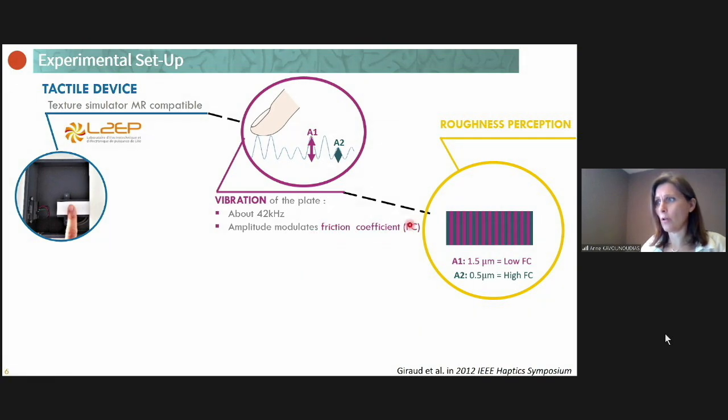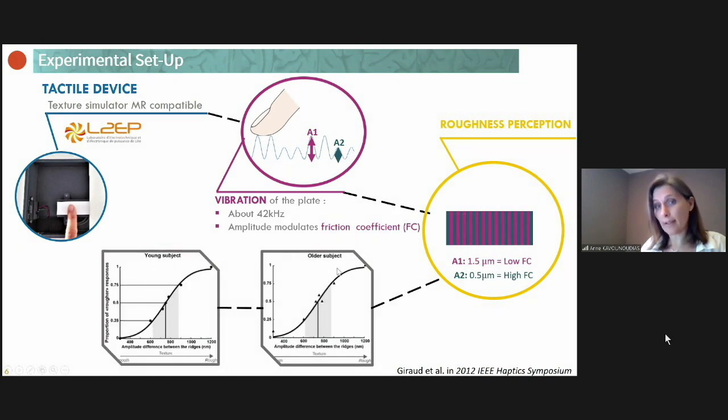This friction modulation can give the participant the sensation that he is exploring a rather smooth or rough texture. We used this tactile device in a psychophysical experiment, and we show that we can precisely estimate a discrimination threshold, and this precise tool is also able to detect tactile impairments, like, for example, in older people.